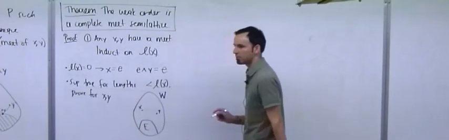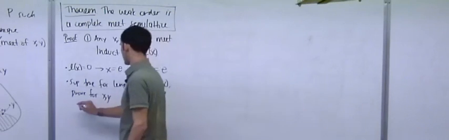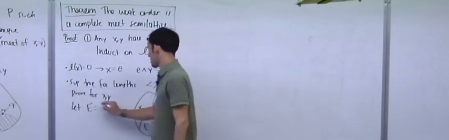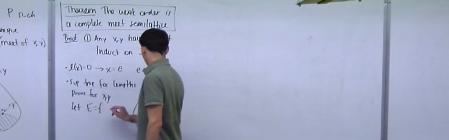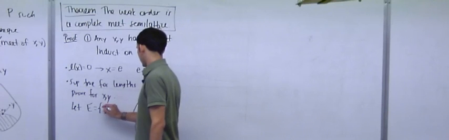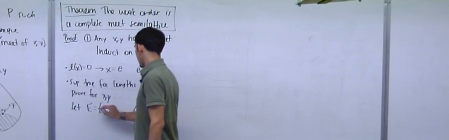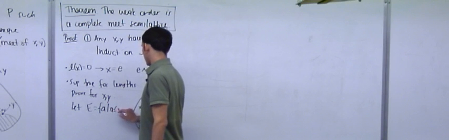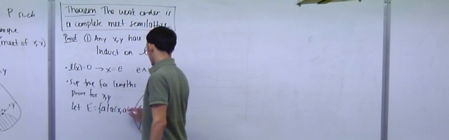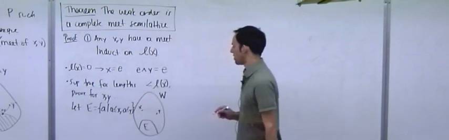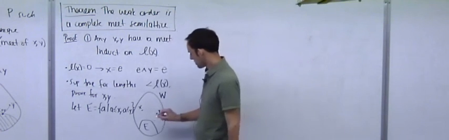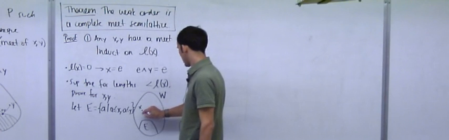Let's call that E. So let E consist of the things, let's call them A, such that A is less than or equal to x and A less than or equal to y. Okay? Now, so these are the lower bounds.